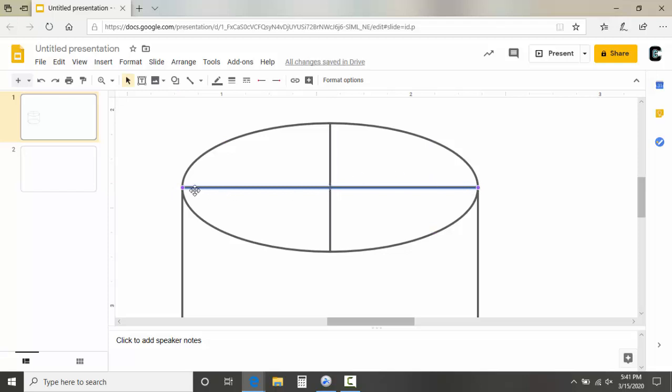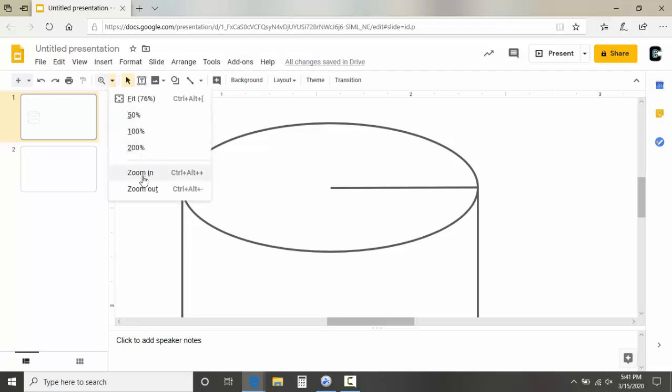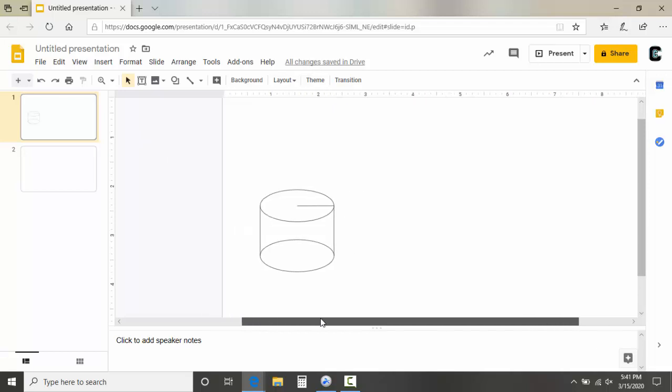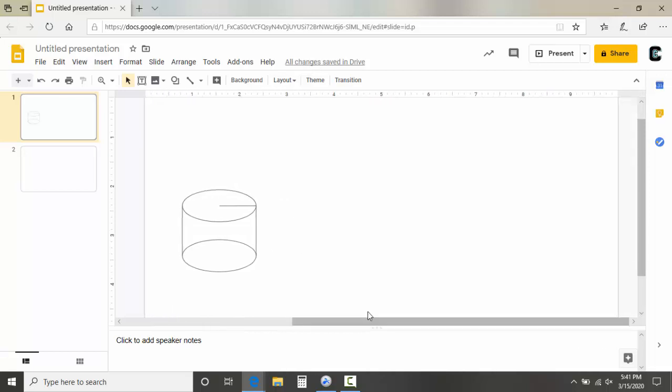It's right here. So I can go ahead and come back over here, grab it, drag it right to the center, and then immediately delete that line that I do not need. Go up to 100% here. Okay? So there is my cylinder.